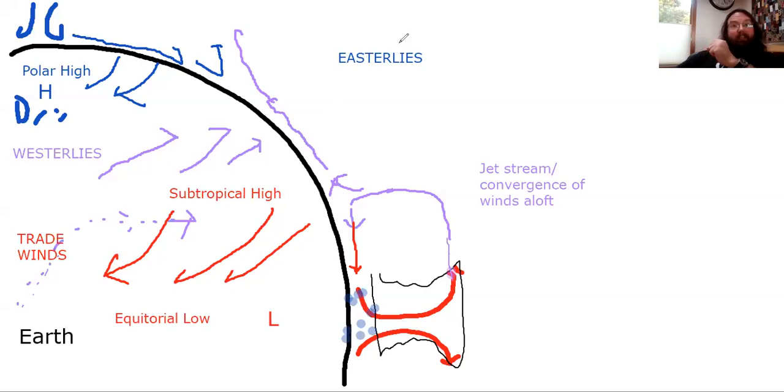When that moisture in the lifted air condenses, you get cloud formation, and then you get a low pressure system.